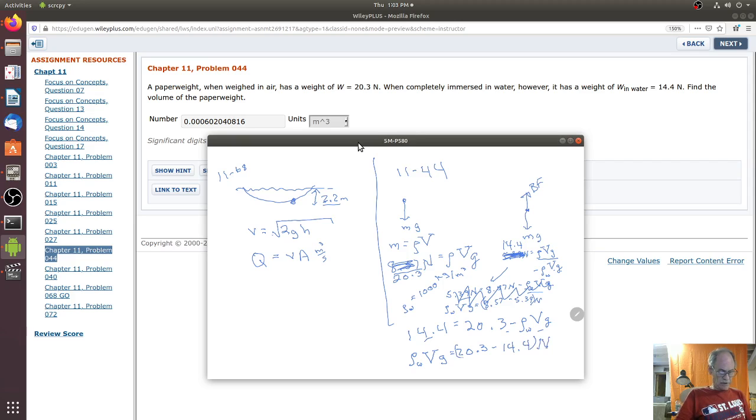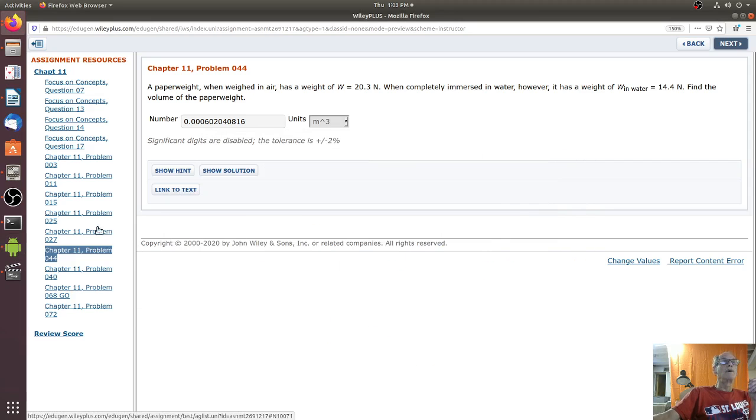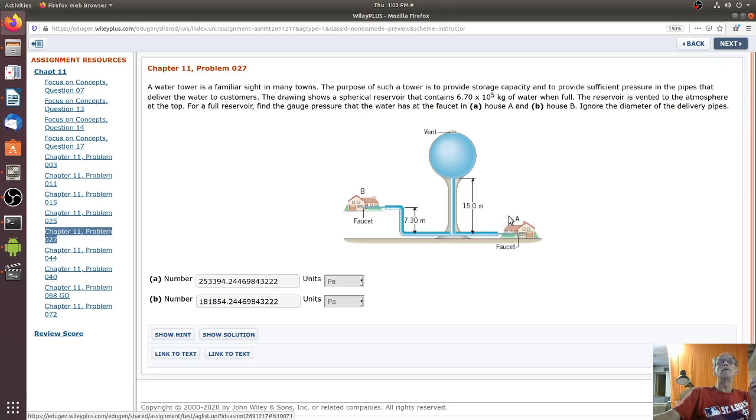And you know the density of water, it's 1,000 kilograms per cubic meter. And you know g, so you can find V, the volume of the paperweight. All right, that was kind of fun. I'll leave that one for you.